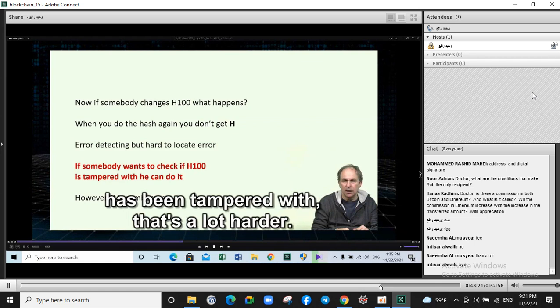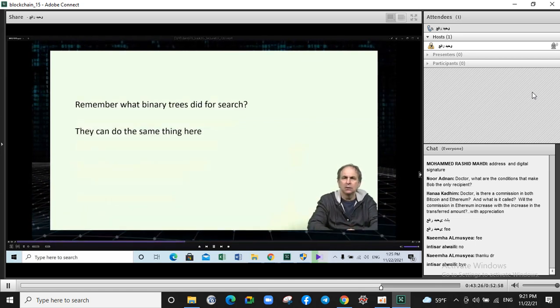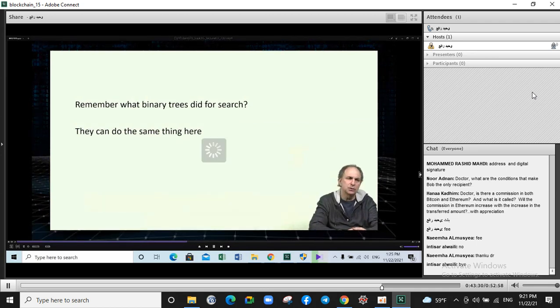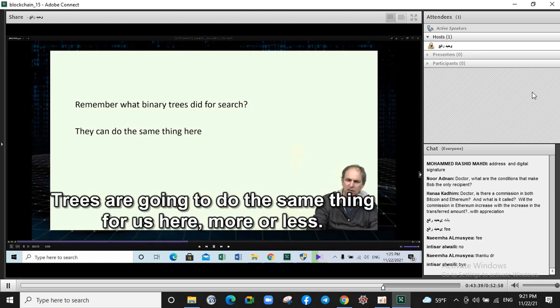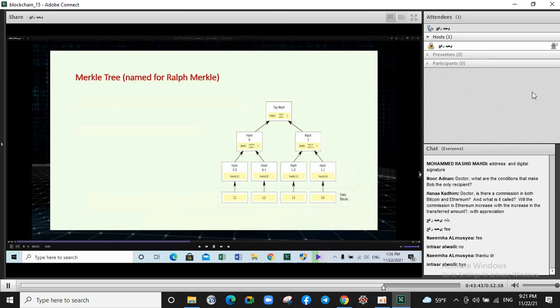Okay, so remember what binary trees did for search. Trees are going to do the same thing for us here, more or less. Here's a tree. Okay. Right, so how does this work? If you look at any node except for the bottoms, it's got two children.